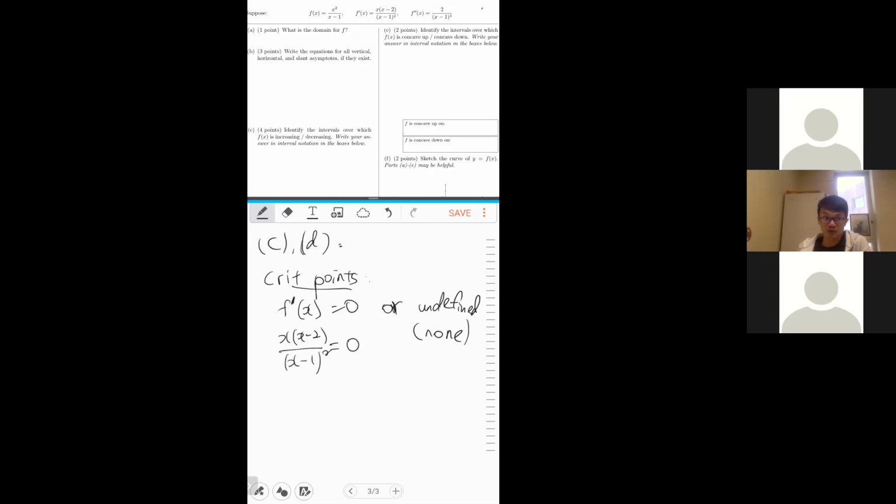The only way for a fraction to be 0 is when the top is 0. So x times x minus 2 equals 0, which means x equals 0 or x equals 2. Those are your critical points. What do we do next?